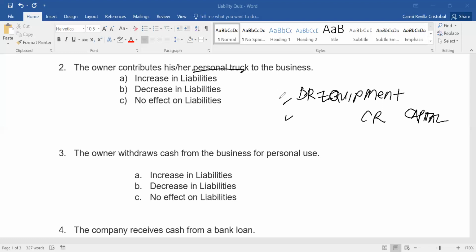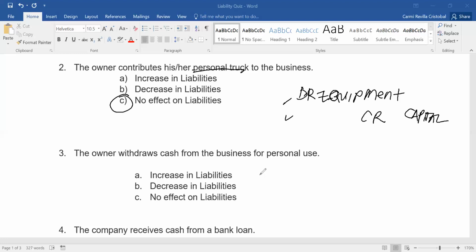Looking at the entries, there is no effect on the liability, because liabilities are not involved.